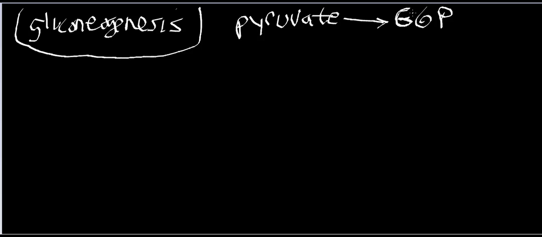And the good news about gluconeogenesis that makes it really different than other pathways is you don't really have to learn much that's new. Remember that out of the 10 enzymes in glycolysis, only 3 of them were irreversible.